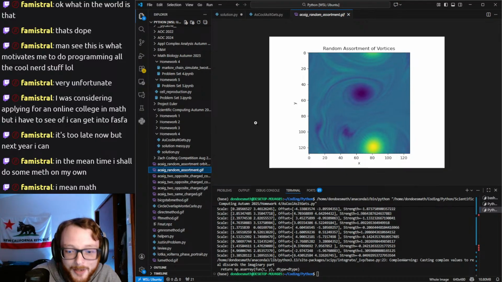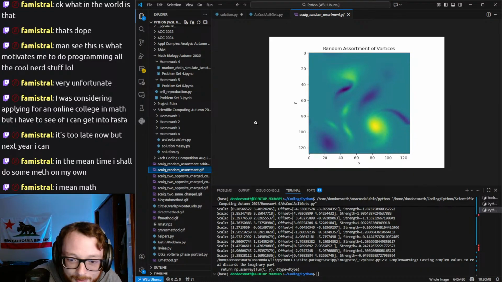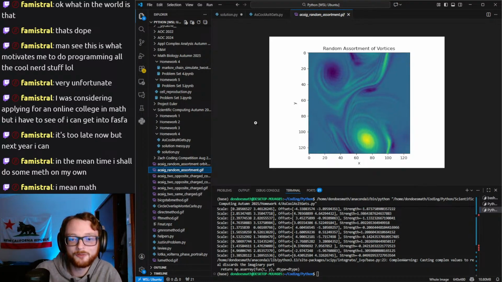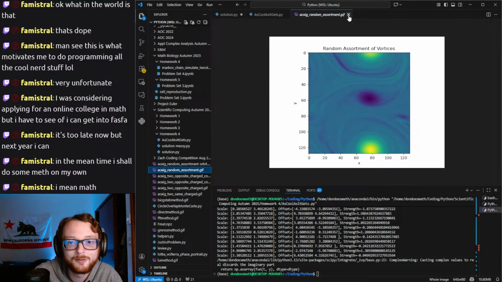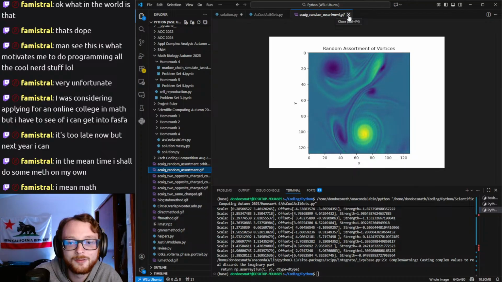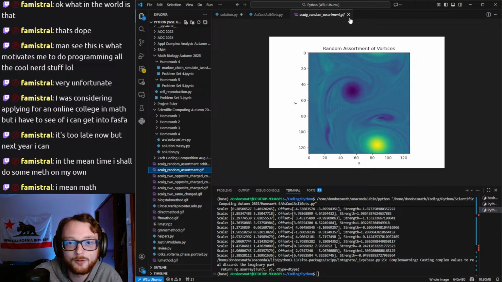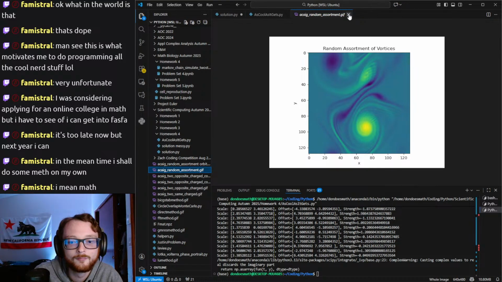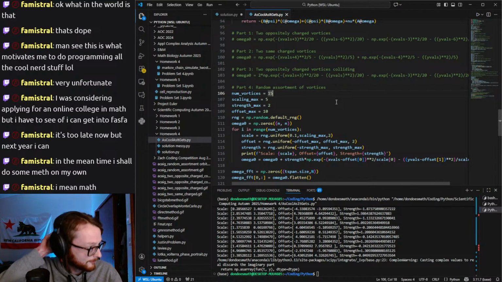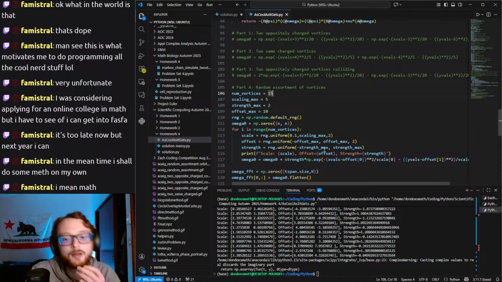A lot of them are negative too. Okay, no, there's a lot of positive ones too. This one might be our keeper for the actual assignment. I like that you can distinctly see them all at the start.